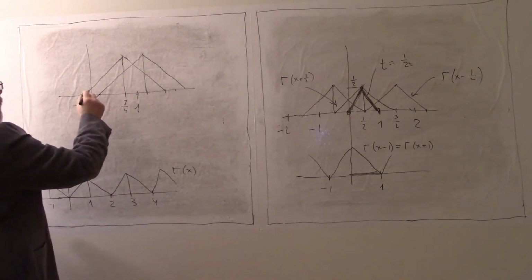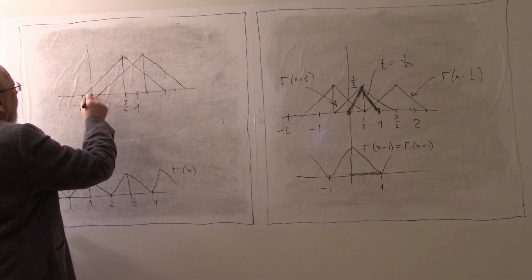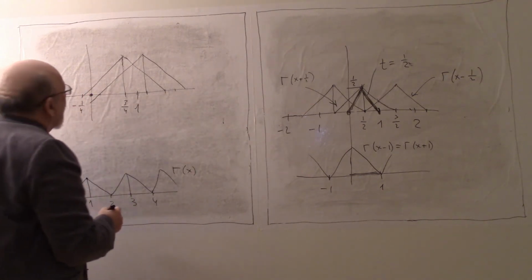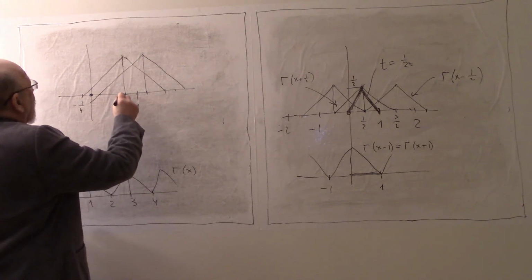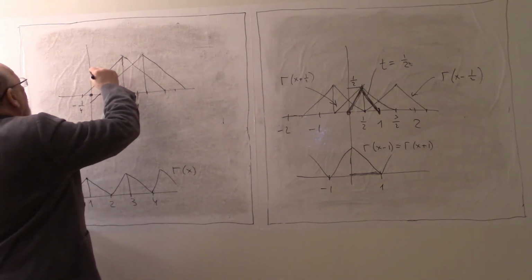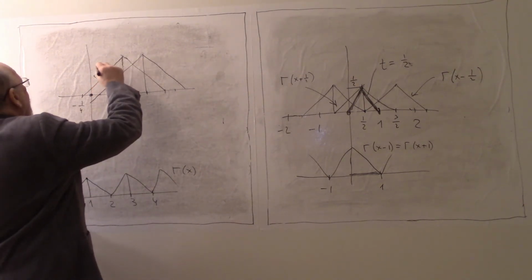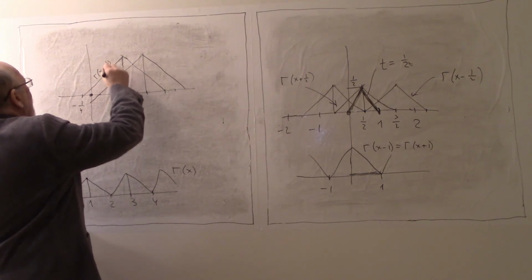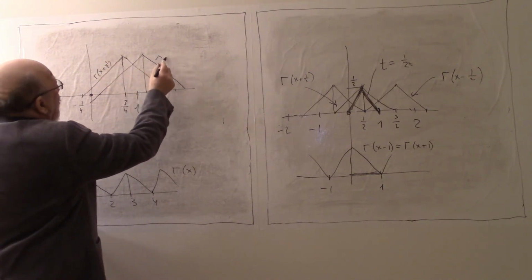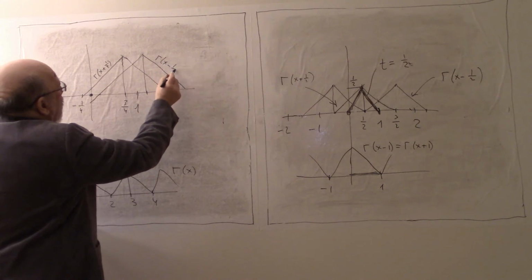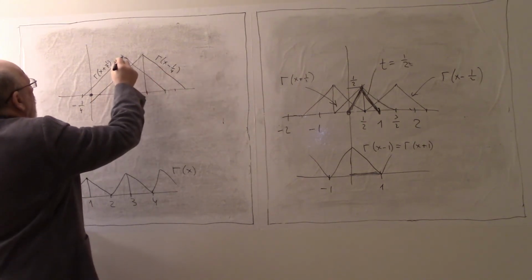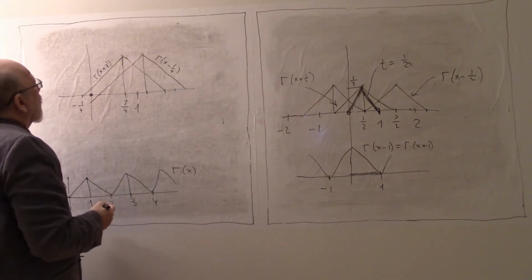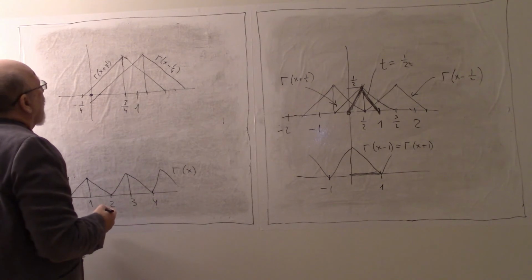Yes, like this. So let us find the difference. Here the difference is 0. At the point 3/4, so it is gamma of x plus 1/4, and it is gamma of x minus 1/4. So here it is 1. It is 1 minus 1/4.